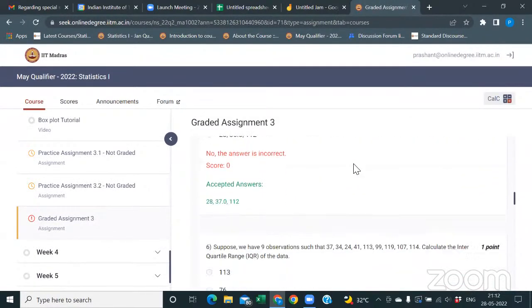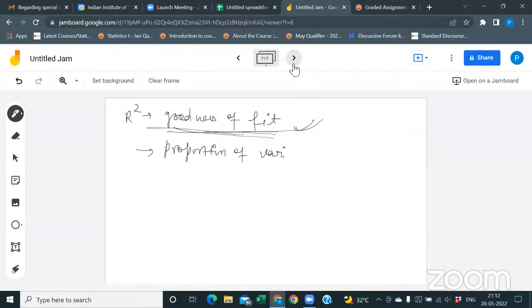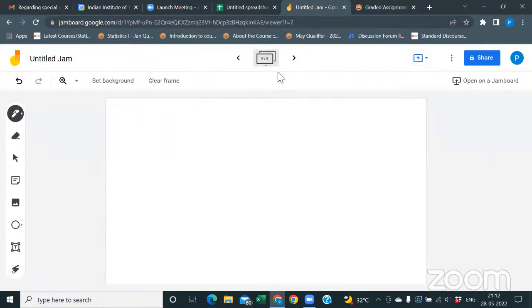I have different values, but the pattern is the same. Okay, so just tell me your values, tell me the data.